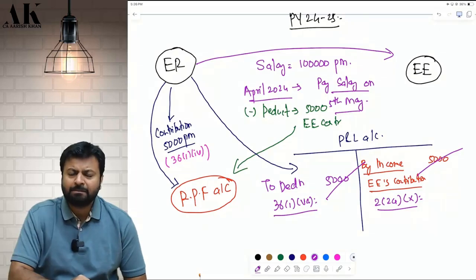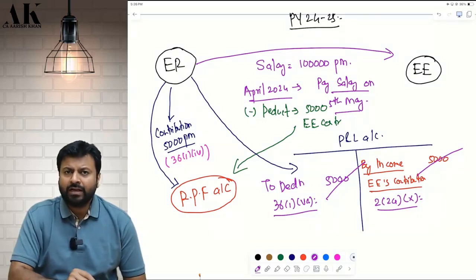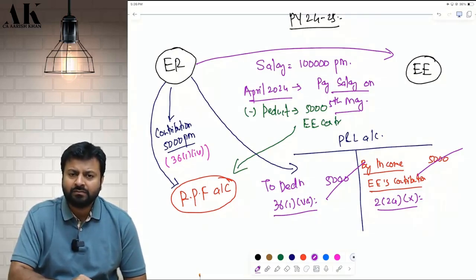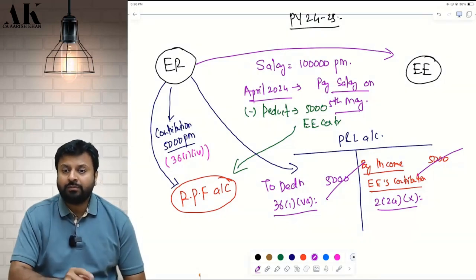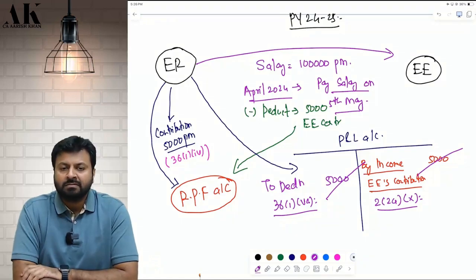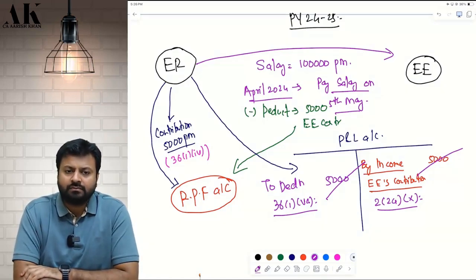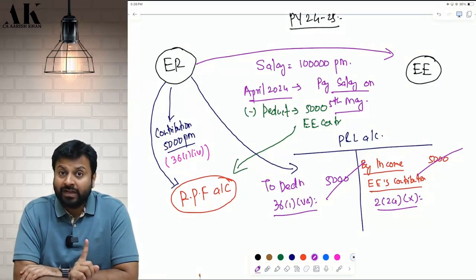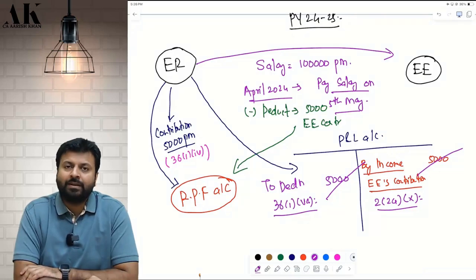So you have to deposit this money by 15th. Sir, what if I deposit this on 16th? Then you will not get the deduction. Even a day of delay is not acceptable under law with respect to employees' contribution.